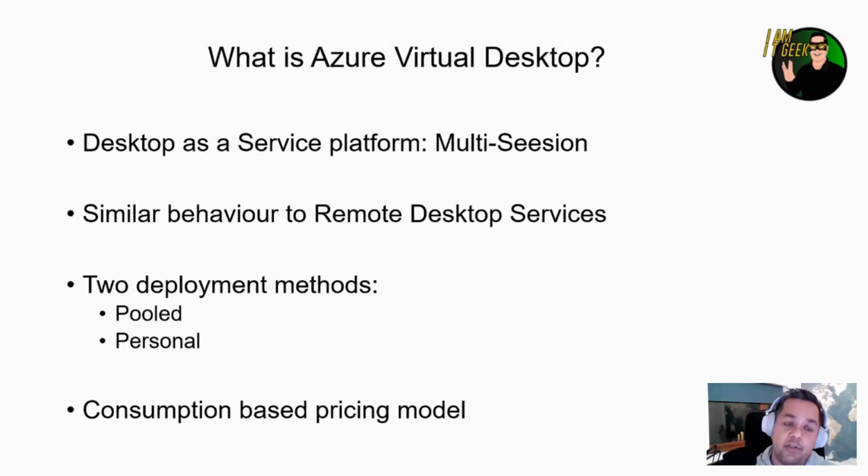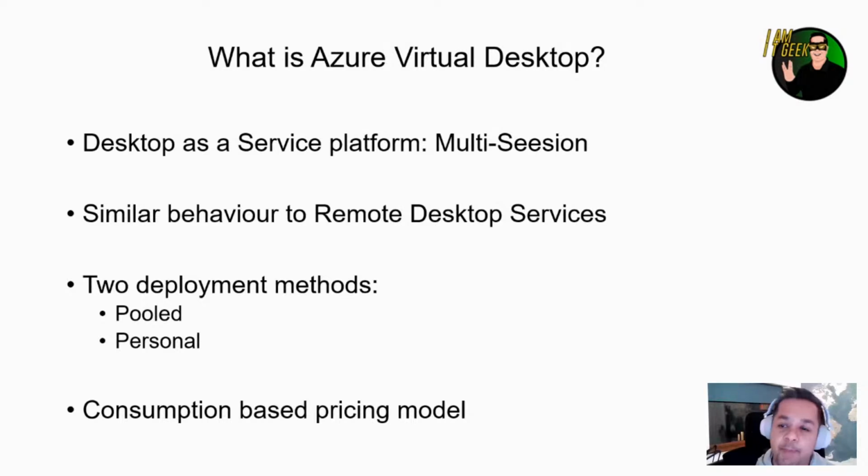So what we've done now is we've discussed a bit about what Windows 365 is, and we've done a bit of an overview of Azure Virtual Desktop. So you've seen a bit of a difference already. Both are desktop as a service. However, Azure Virtual Desktop is more multi-session, whereas Cloud PC is more like a personal physical device.